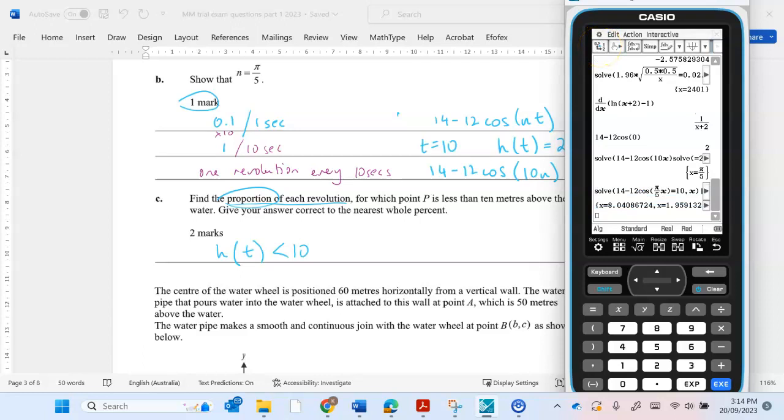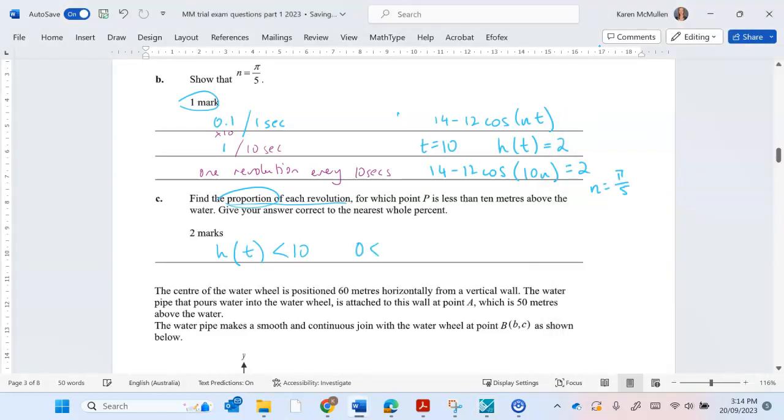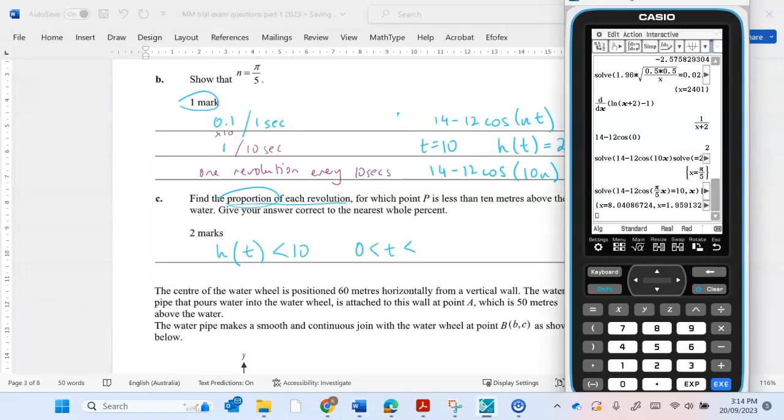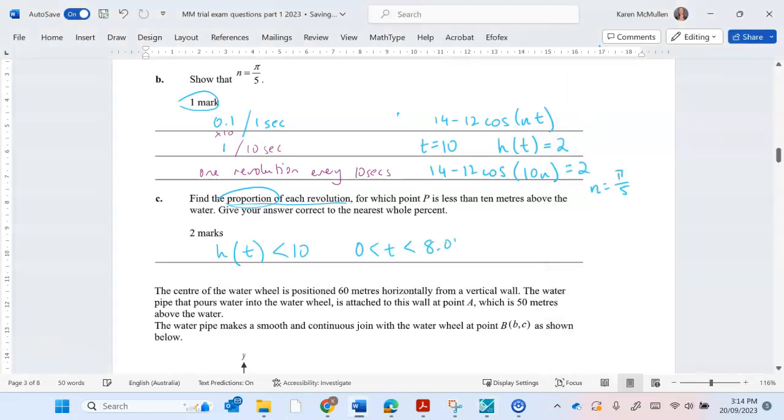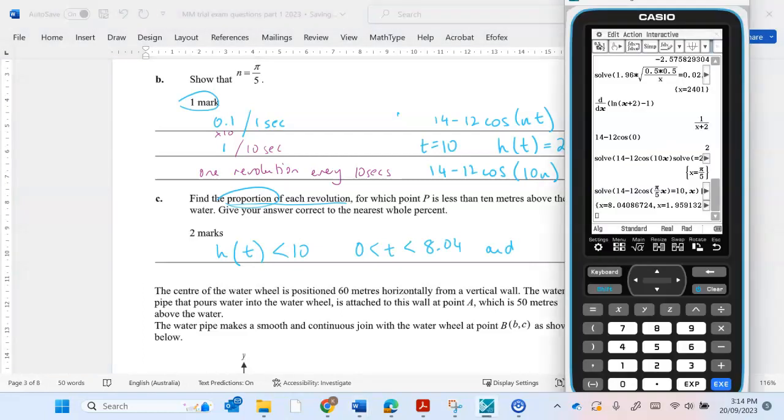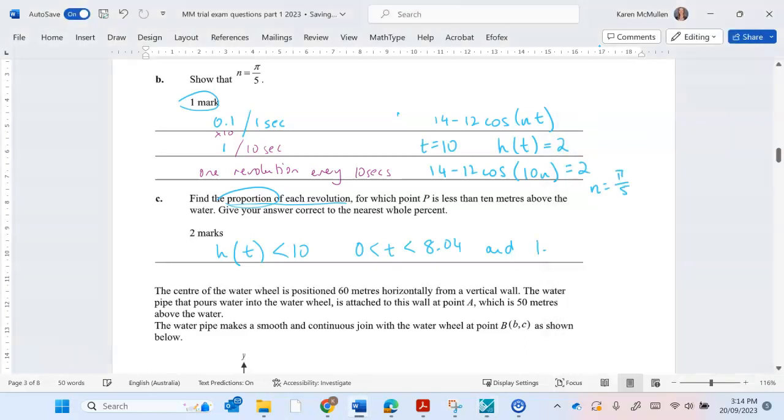So below 10 meters, between 0 and 8.04, and 1.959 to 10.